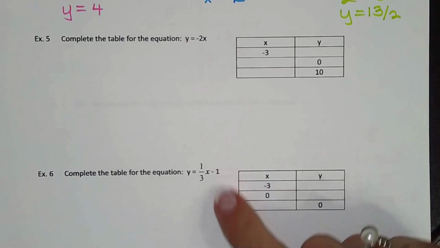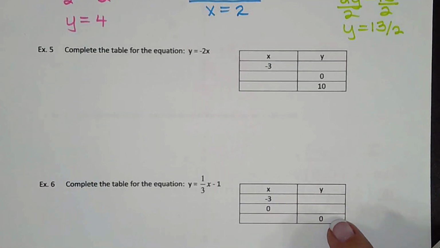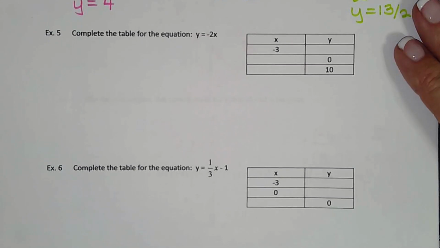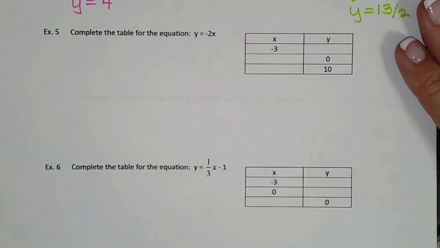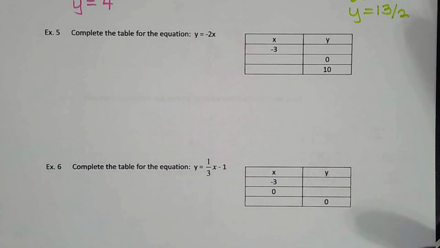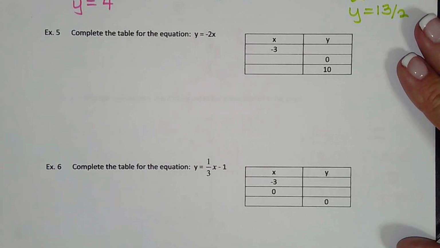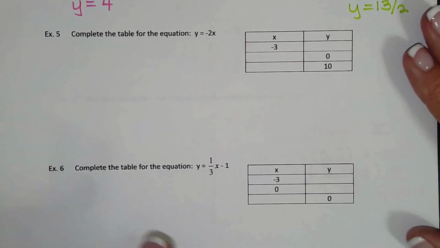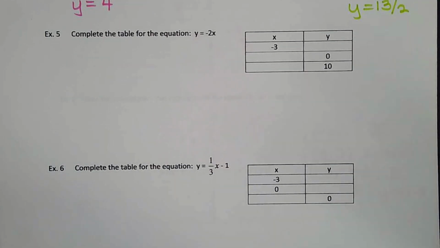And then same thing here, so you might have to use your calculator a little bit, but I want you to try these two on your own, since we just did 1, 2, 3, 4, 5, 6 examples above. So go ahead and shut off your video, work those two out, and remember, it's okay to make mistakes. Don't worry about being a perfectionist. Just do them the best you can, and then if you have to correct them later when we go over it, no problem. So go ahead and do those two and then come back and check them.